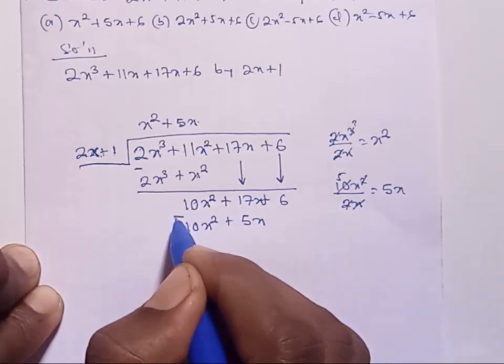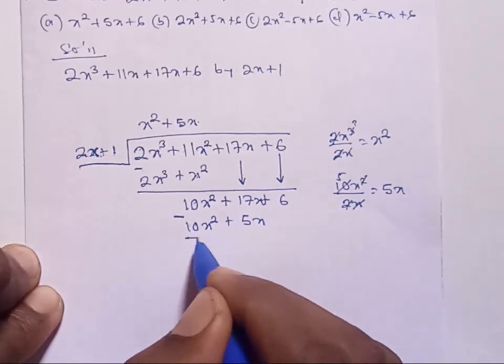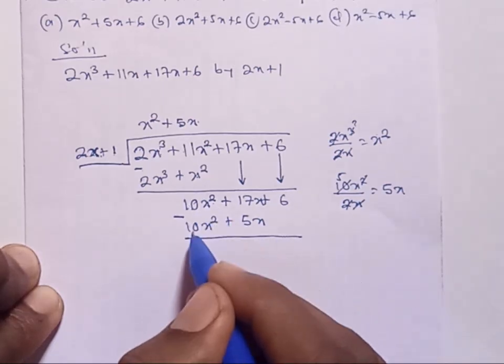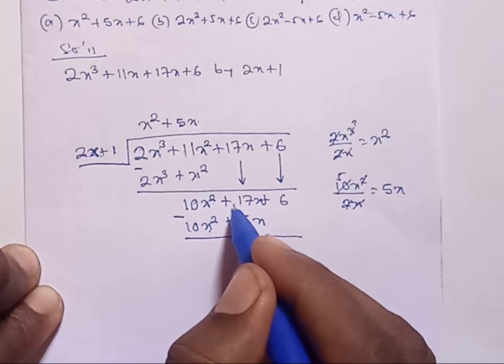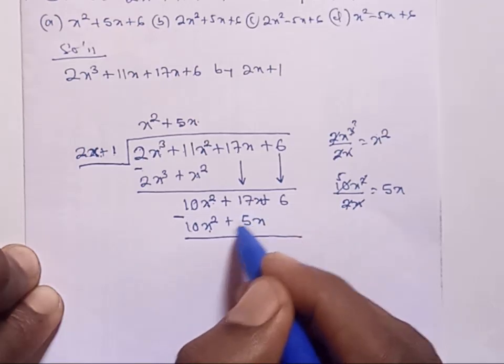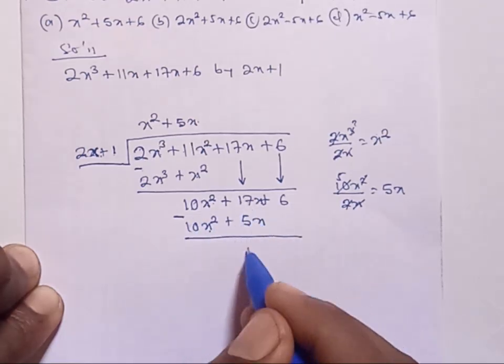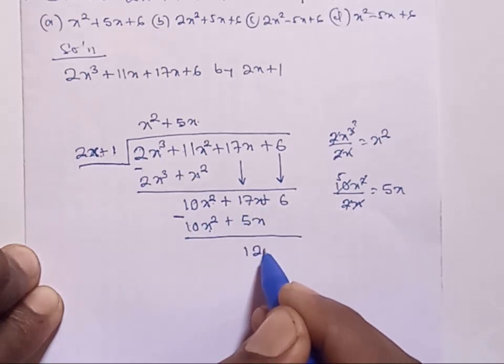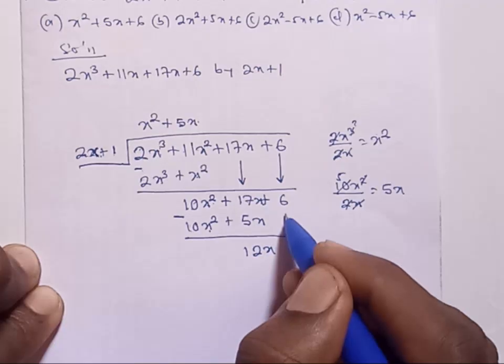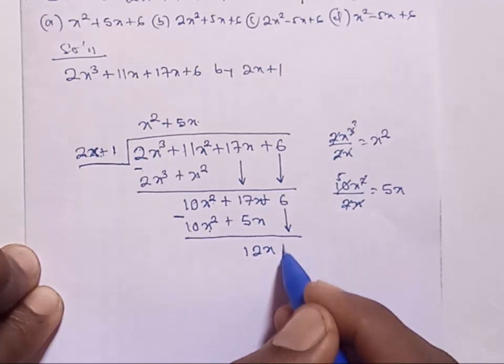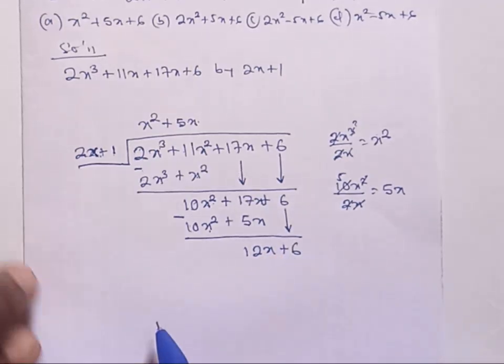Another subtraction: 10x squared minus 10x squared, 0. Then 17x minus 5x, we have 12x. We bring down plus 6.